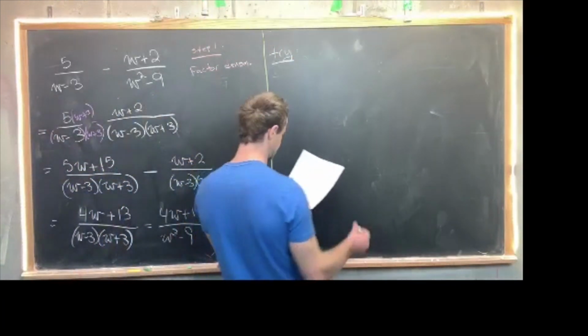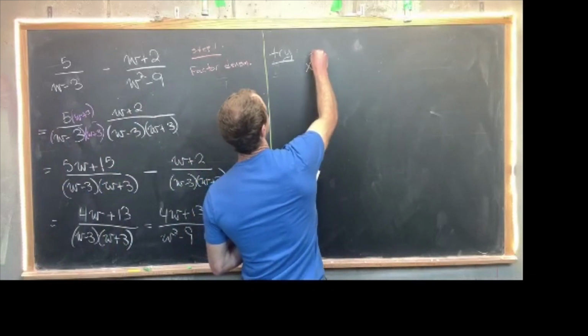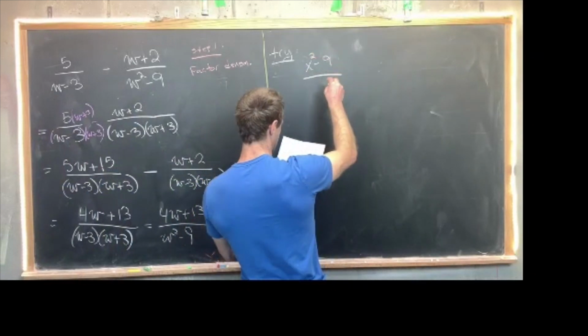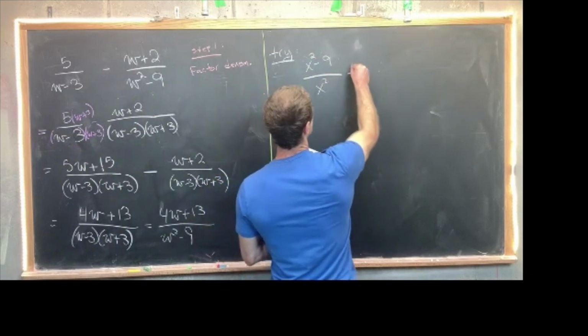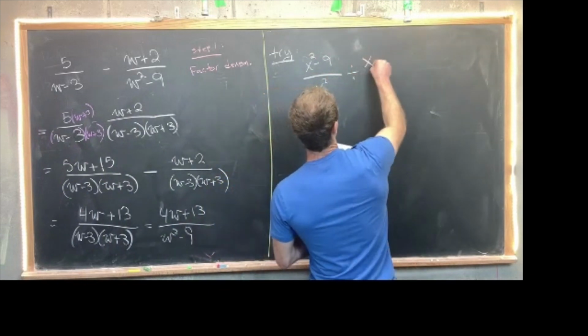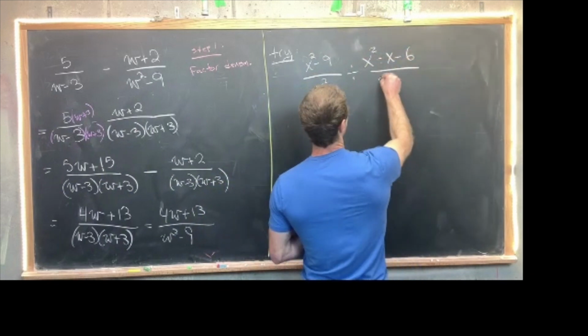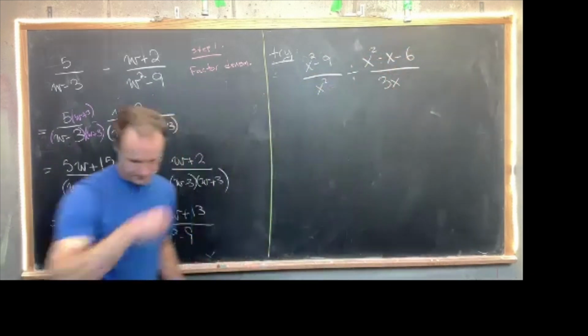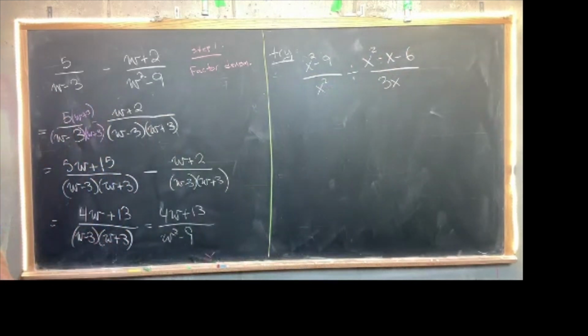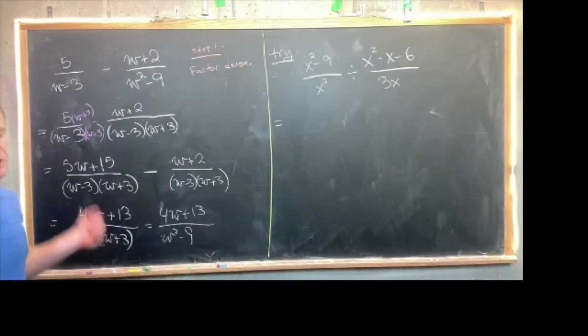So let's say it's like this, x squared minus 9 over x squared divided by x squared minus x minus 6 over 3x. So I'll give you guys maybe 3 or 4 minutes to work on this, and then we'll go over the solution for this, and then we'll repeat that with a sum of two rational functions as well.